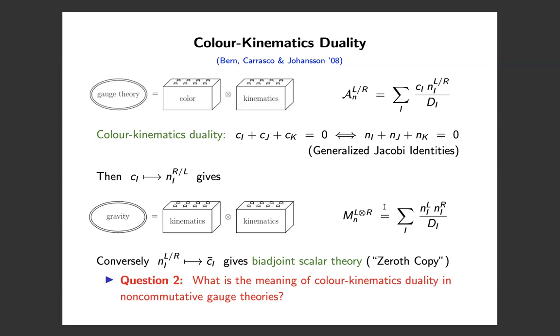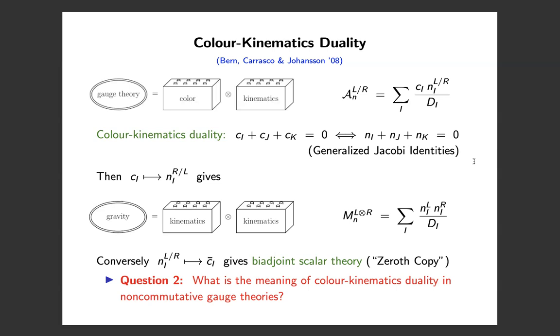So this biadjoint scalar theory acts as kind of the identity operation in the space of double copied theories. And that's because in this biadjoint theory, the color factors do act like the kinematic factors. Anyway, this is the well-known story about color kinematics duality.